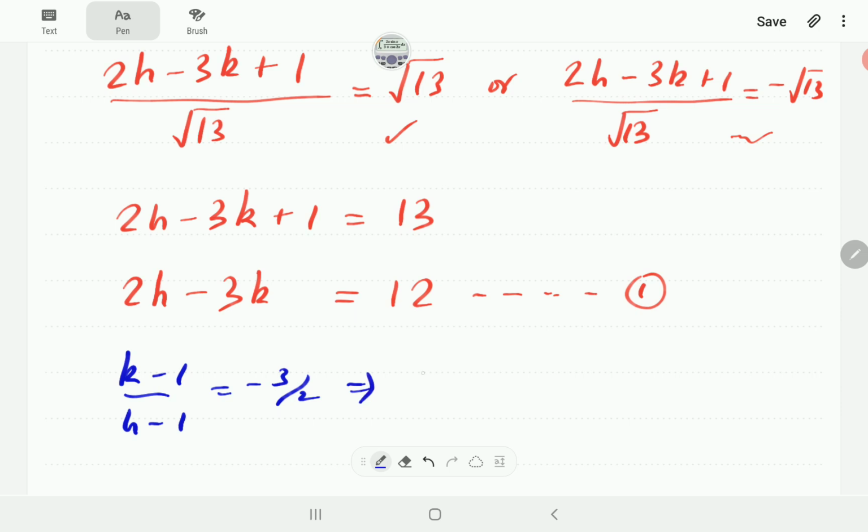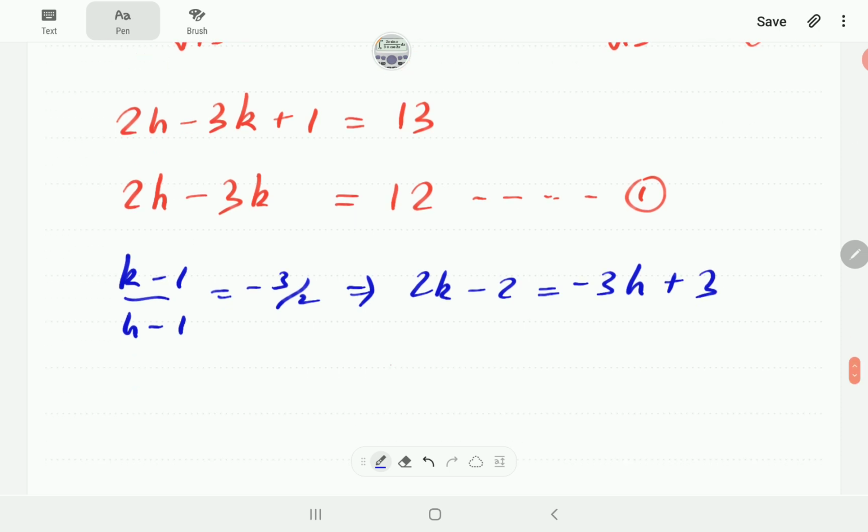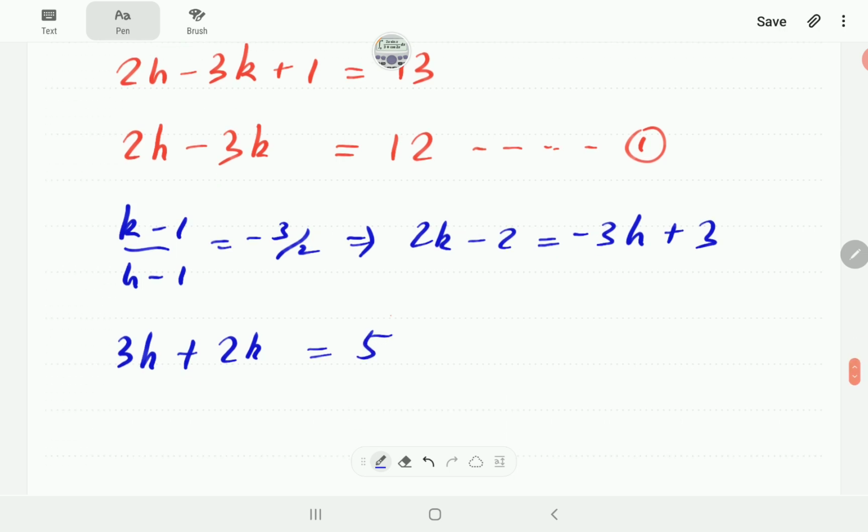If we rearrange this, this is going to be 2k minus 2 is equal to -3h plus 3. And then if we bring everything to one side, we're going to have 3h plus 2k is equal to 5. So this is our equation 2 now.